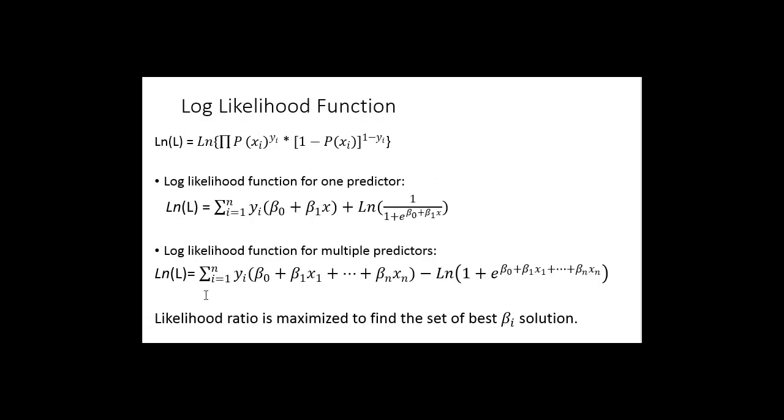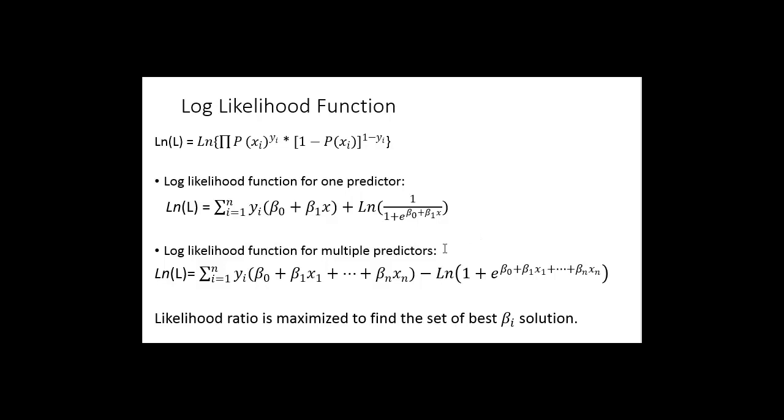So if we take the natural log of both sides, we call that log likelihood function. It will be in the following form for one predictor, simple logistic regression. If you replace the factors, that'll be yi, the outcome probability, times constant value and coefficient of predictor, plus the natural log of the ratio we see here.